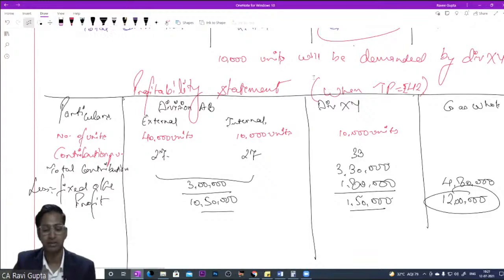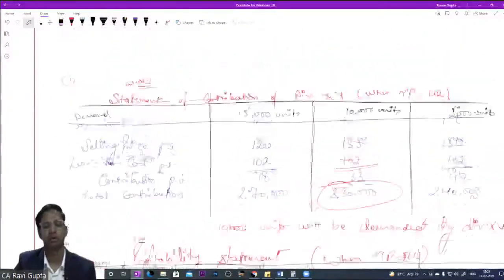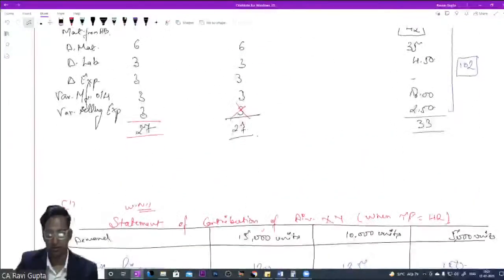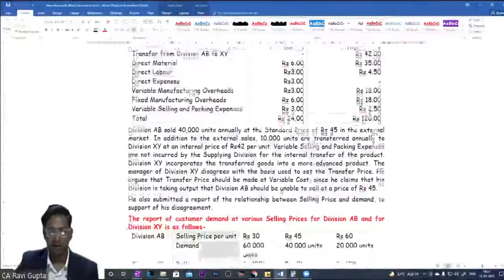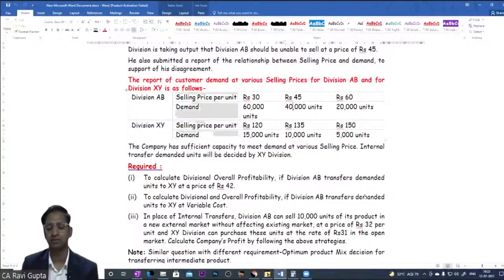So this is the profitability statement under the first part. Any doubt regarding the first part calculation, you are completely free to ask. Let's see the second part, what they are saying: to calculate divisional and overall profitability if division AB transfers demanded units to XY at variable cost.